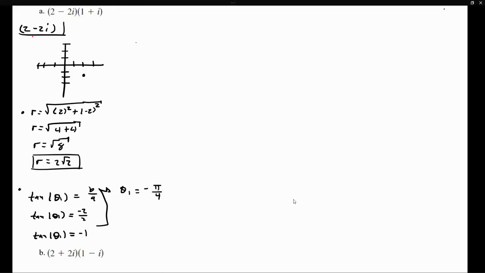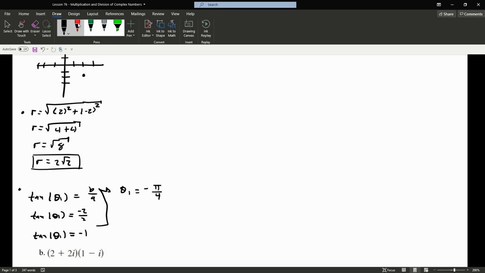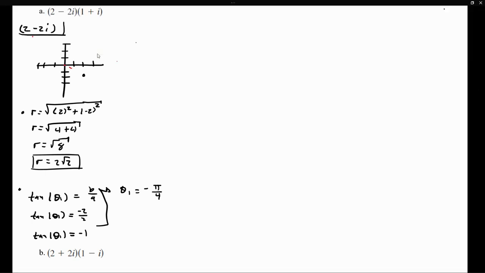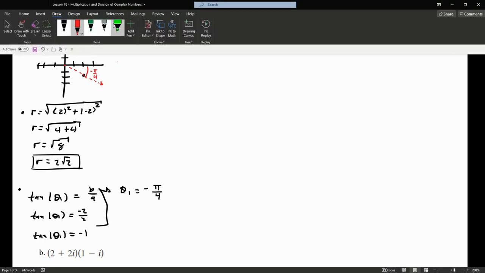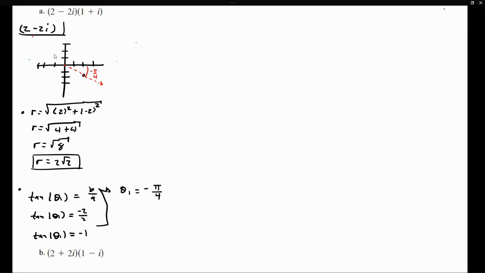But what is the actual argument? What is the actual argument? Because we know that from here to here, that is negative pi over 4. But recall that that's not what we use to write down our complex form. What we need for our complex form is the whole argument, which is this green angle that we have here.